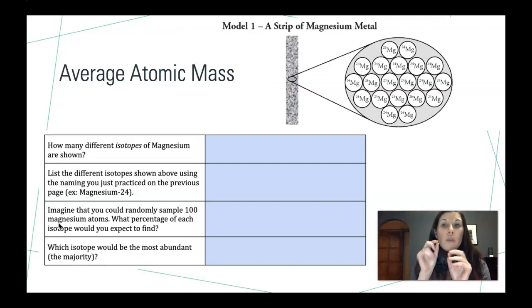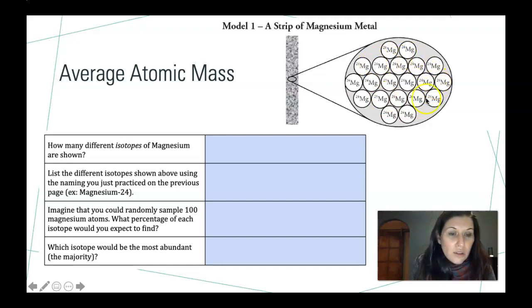So if we look at a sample of magnesium, like those little strips that we burned in class, and if we zoomed in on the atomic scale and looked at the individual atoms and took a sample, we would see mostly magnesium 24. This is our zoomed in picture here, right? Magnesium 24, 24, 24, but a few magnesium 26s and a few magnesium 25s.